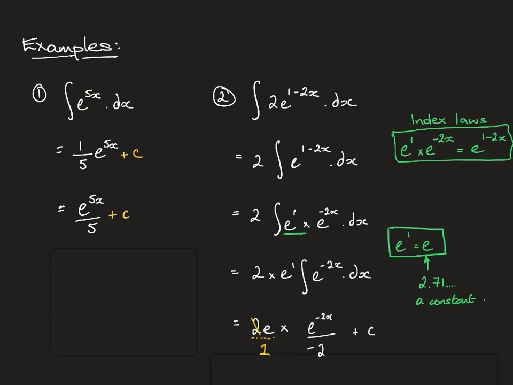So the 2's will cancel. And that's going to leave me with an answer that is negative e times e to the minus 2x plus c, which is negative e to the 1 minus 2x plus c.